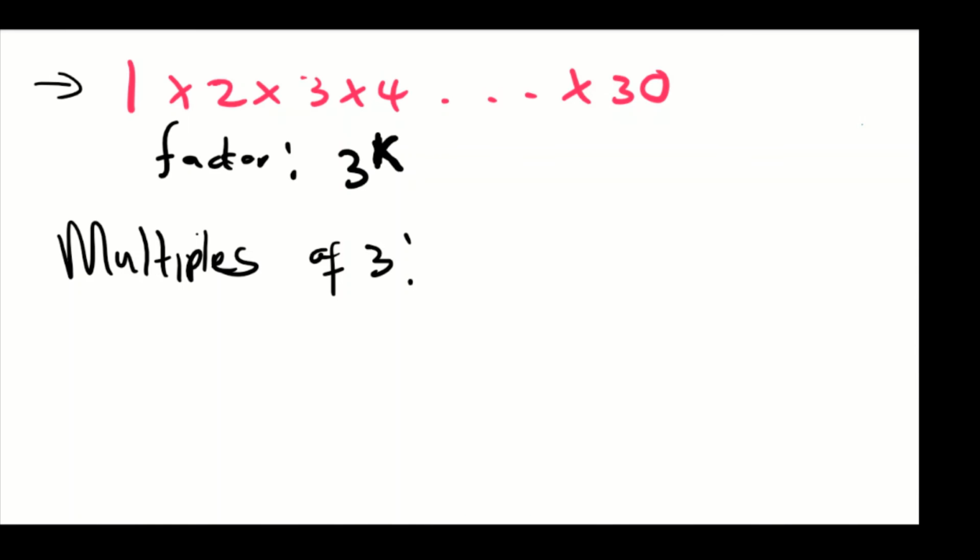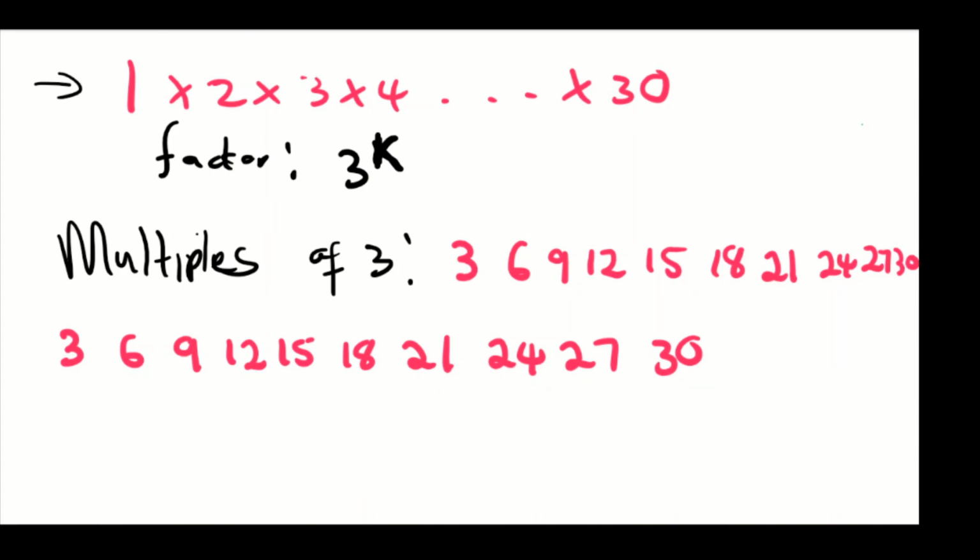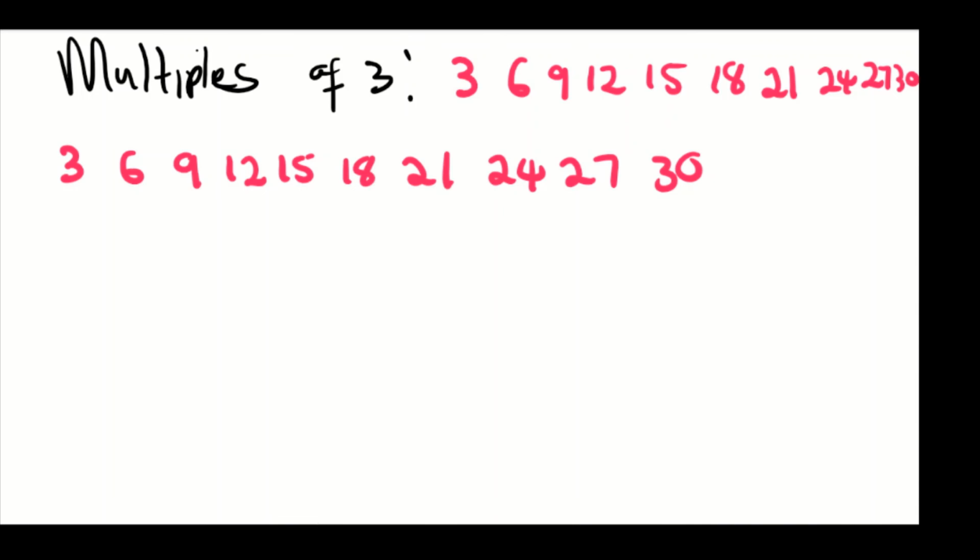We're having 3, 6, 9, 12, 15, 18, 21, 24, 27, and 30. So I'm just going to write them properly. So these are our multiples of 3, right?